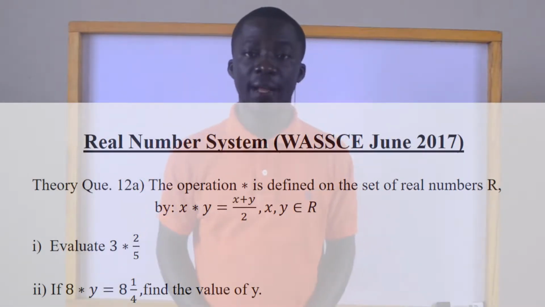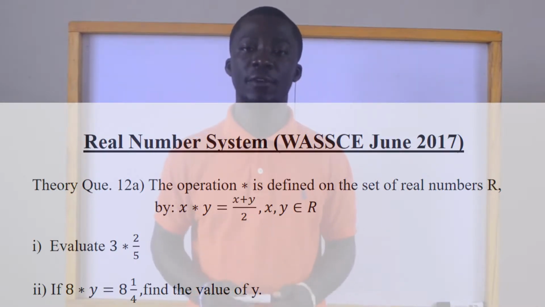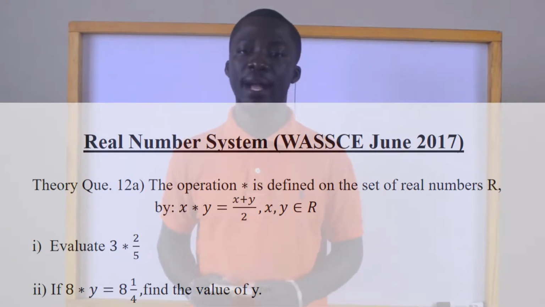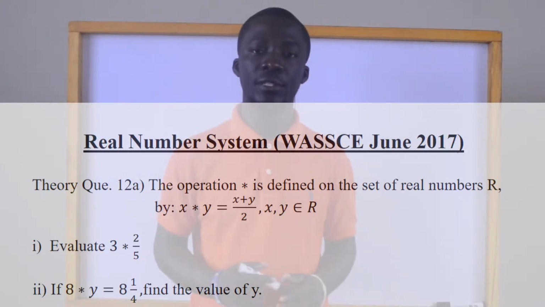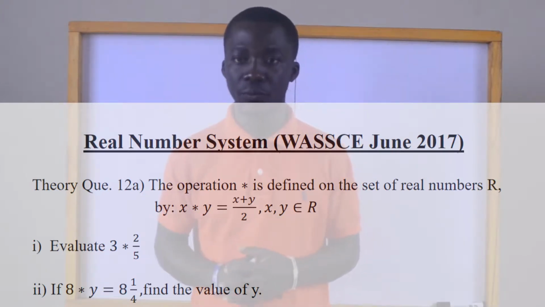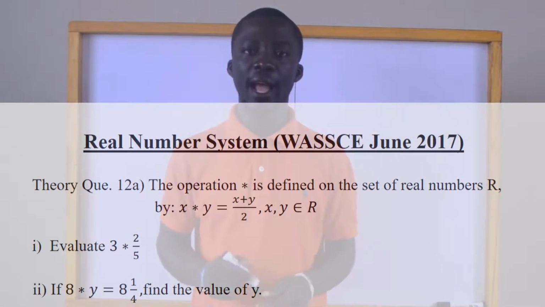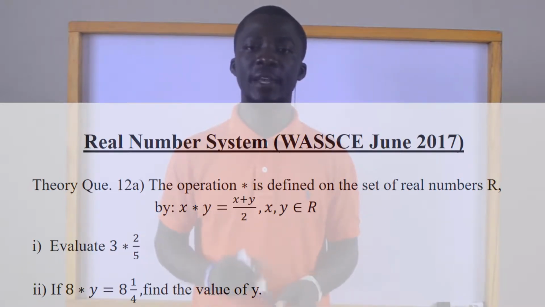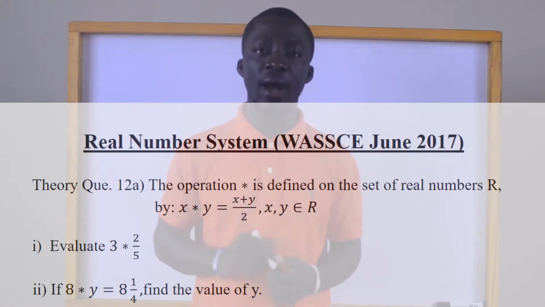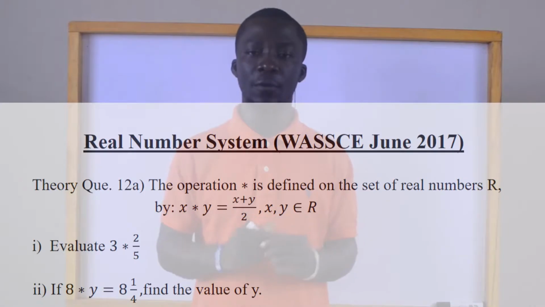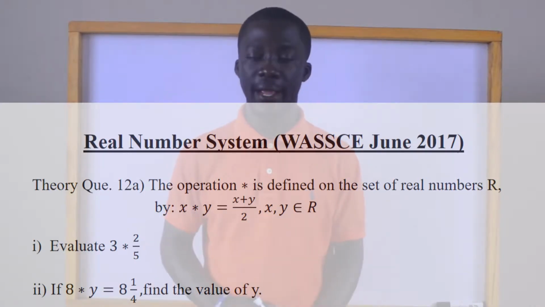The operation star is defined on the set of real numbers R by x star y equals x plus y over 2, where x and y are elements of the real number system. I. Evaluate 3 star 2 over 5. II. If 8 star y equals 8 whole number 1 over 4, find the value of y. Let's go to the board and solve the questions over there.